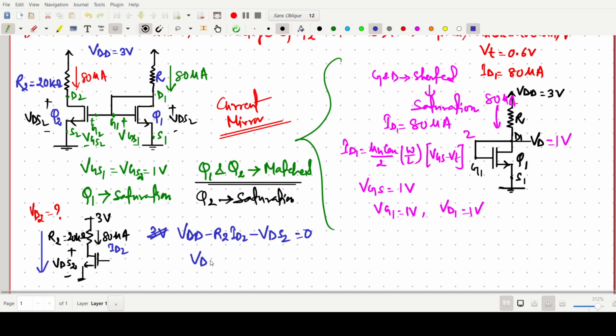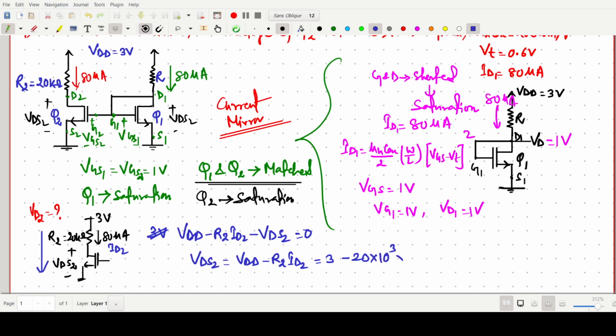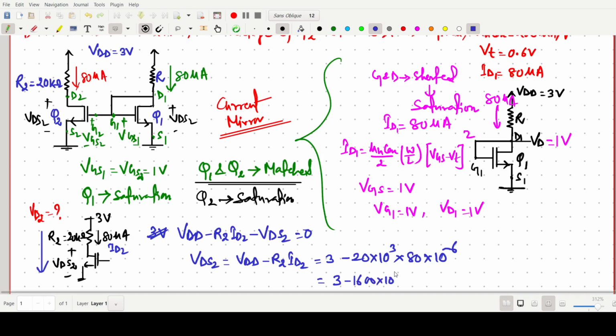Then we can write VDS2 equals VDD minus R2 ID2. So VDD is 3 volts, so make it 3. R2 is 20, so 20 kilo ohm, and ID2 is 80 microampere. Okay, so one can write 3 minus 1600 into 10 to power minus 3. So if we solve, it will come 3 minus 1.6, it should be 1.4 volt.